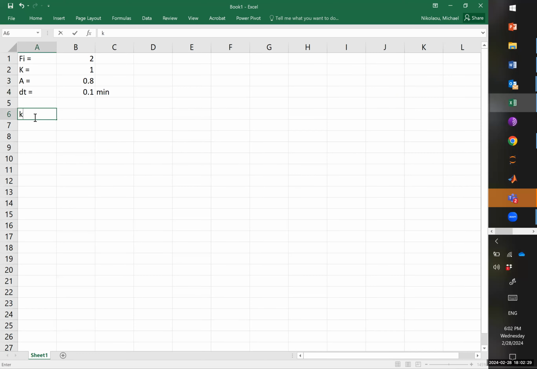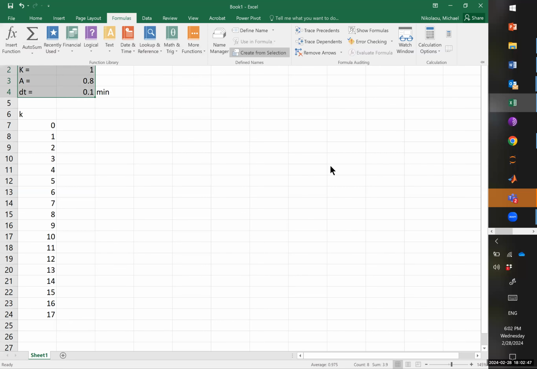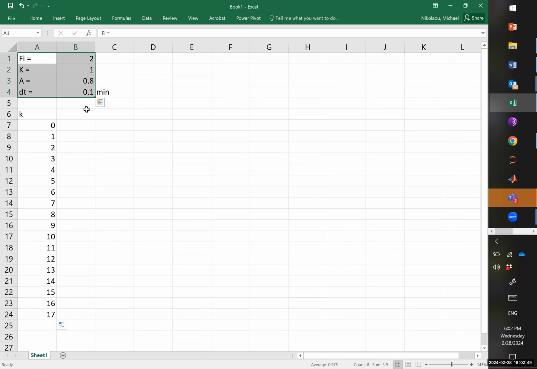So K takes values from 0 to 1, etc. Let's name these. We start. Okay, so we have Tk, T sub K, equal to this number times our dt.